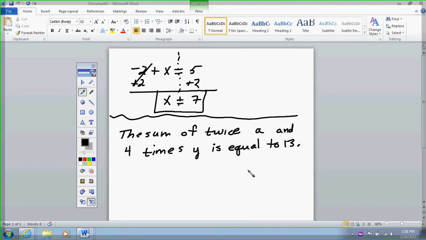So how do we do that? How do we write an algebraic equation from a sentence?